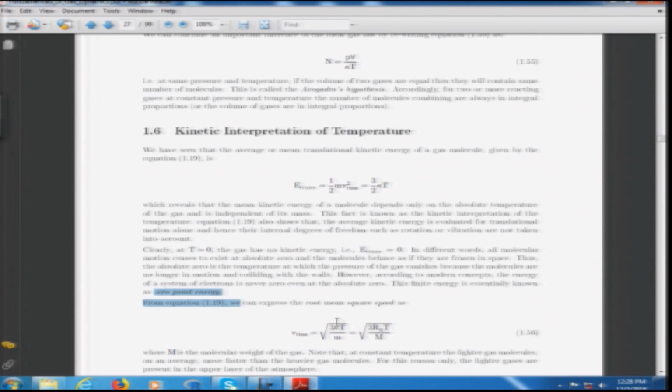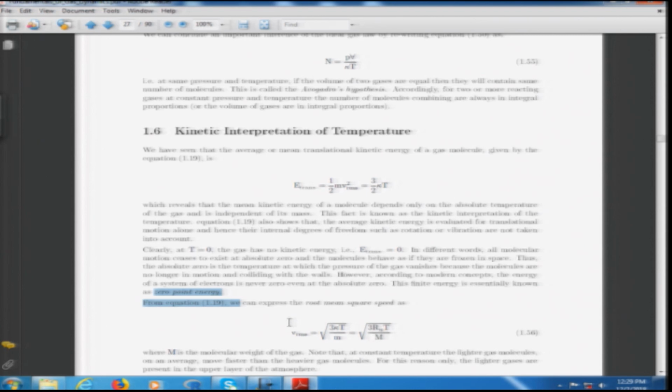If we remove the k and m from their respective expressions, we can rewrite it as the square root of 3 Ru T upon Mw, that is, 3 times the universal gas constant times T upon Mw, where Mw is the molecular weight of the gas. What we see here is that if Mw is small, that is, the gas is lighter, the RMS speed is very high. And for heavier gases, the RMS speed is low.